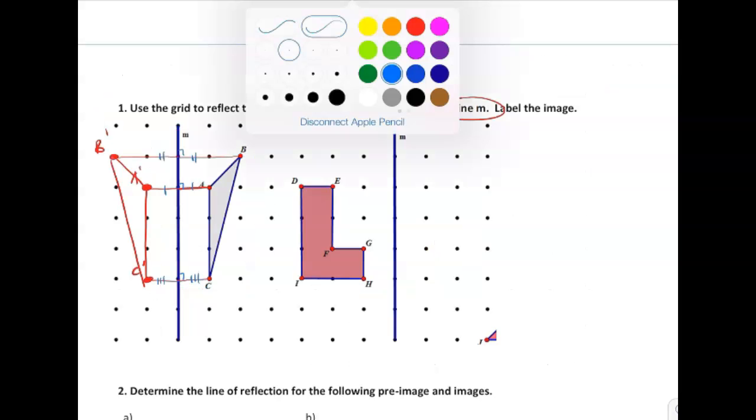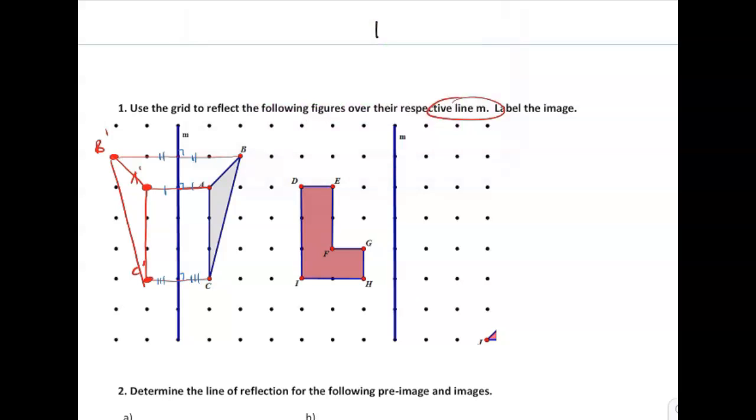This has, I believe, 6 vertices we have to worry about, but it's the same idea. If I take E and go 2, I go 2 more. There's E prime. D would have been 3, so I go 3 more. There's D prime. G, 1. F would have been here.